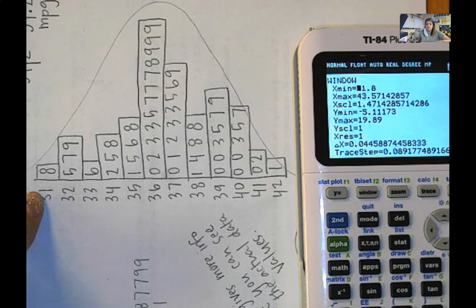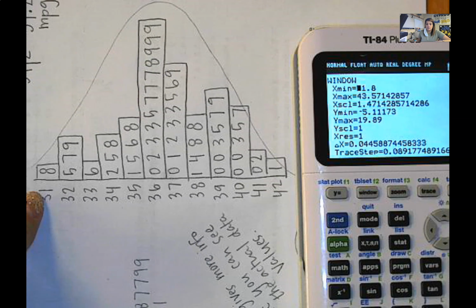My plot 1 is on, so I'm going to go into that. I'm going to arrow down and make sure that I choose the histogram. I'm going to make sure that my list is the right list. If you need a refresher, that's your blue button and the number of the list that you want. And then from here, you hit graph.